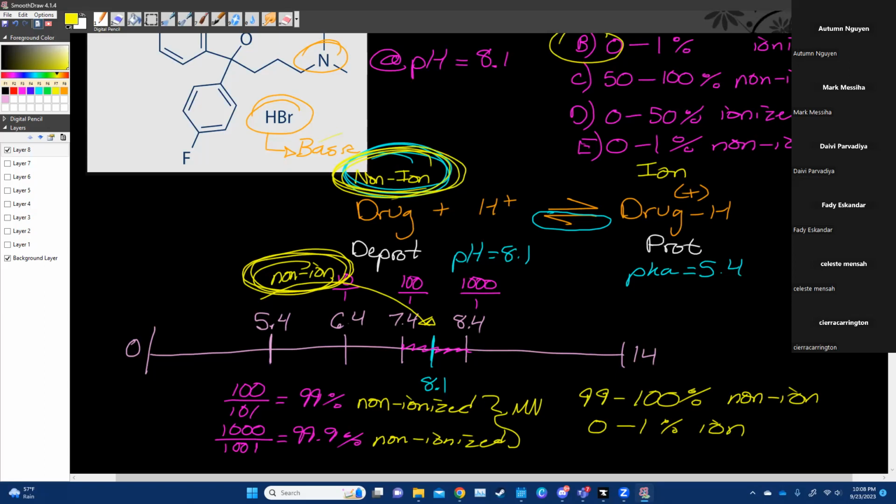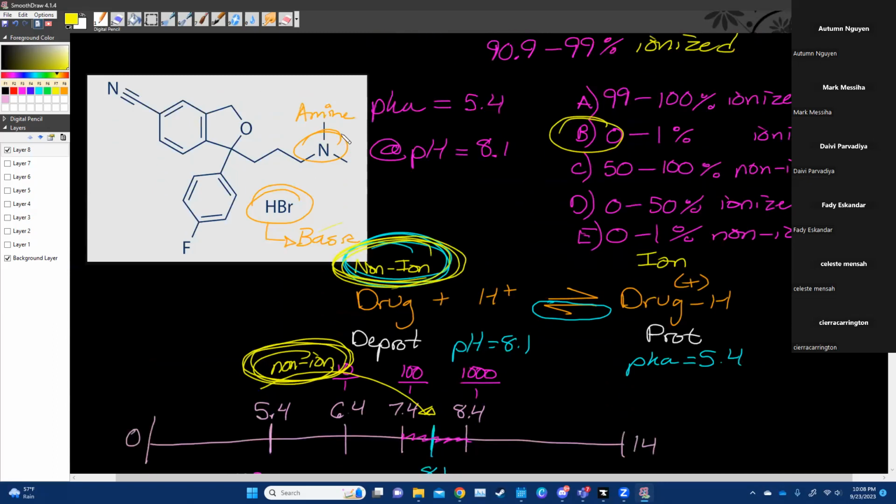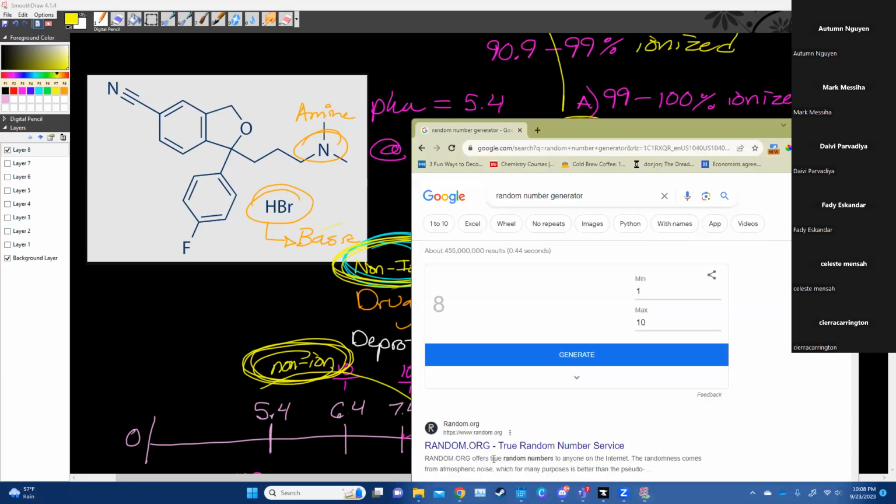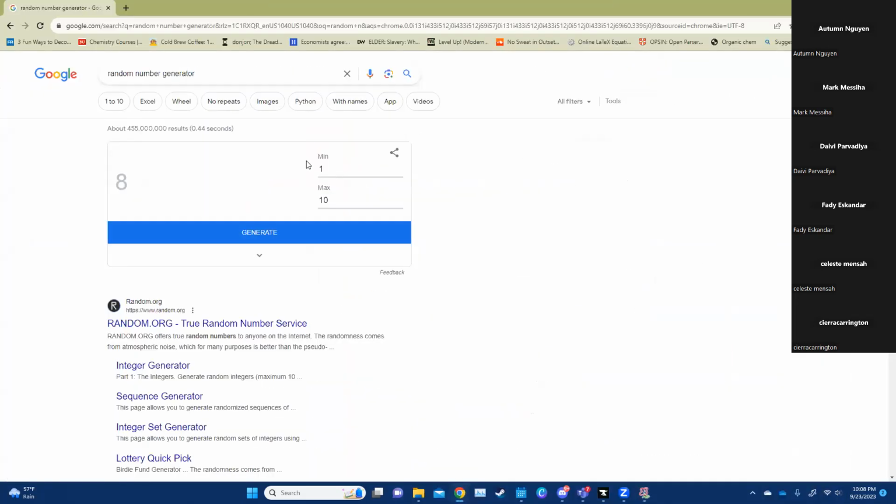great. If you want to practice this, come up with a random drug, make it acidic or basic, and then online, just have a random number generator between 0 and 14.